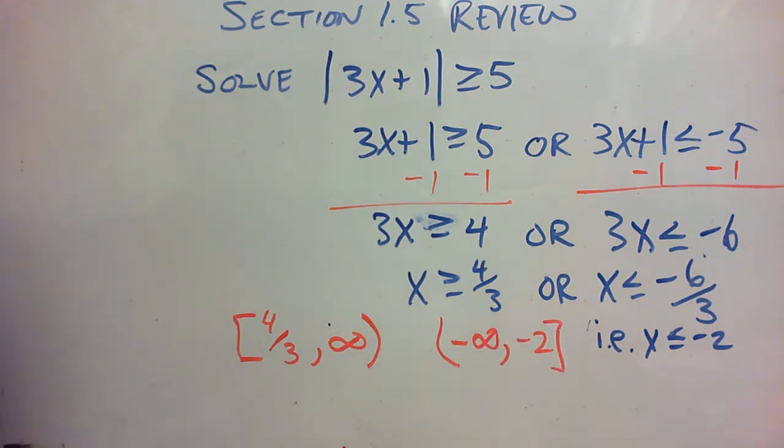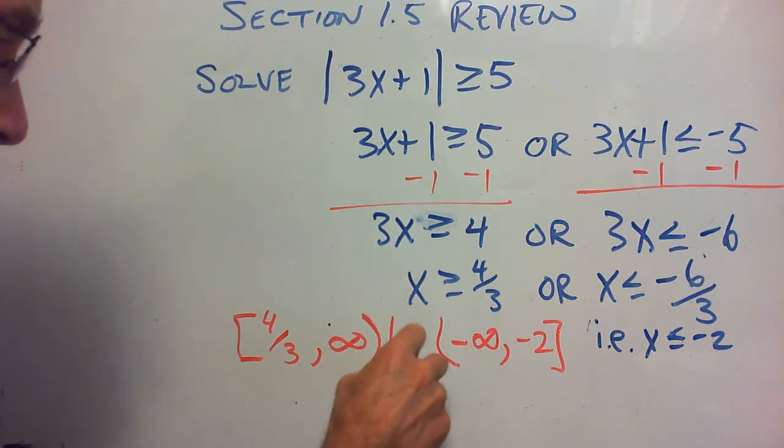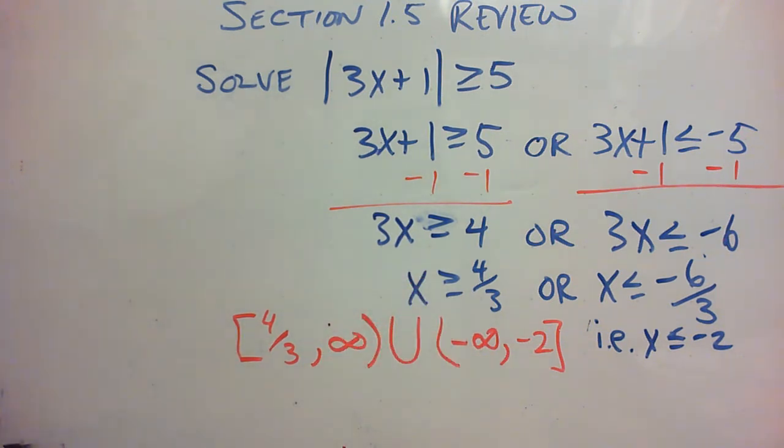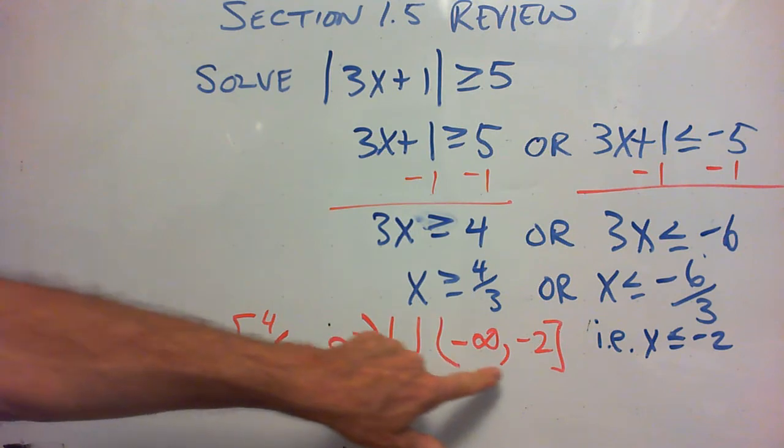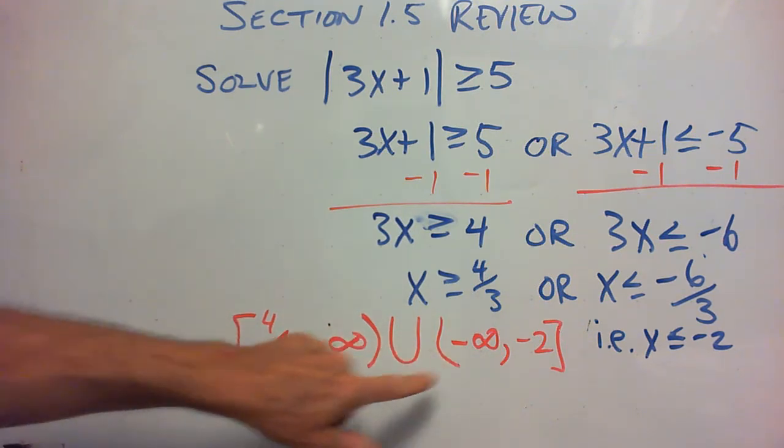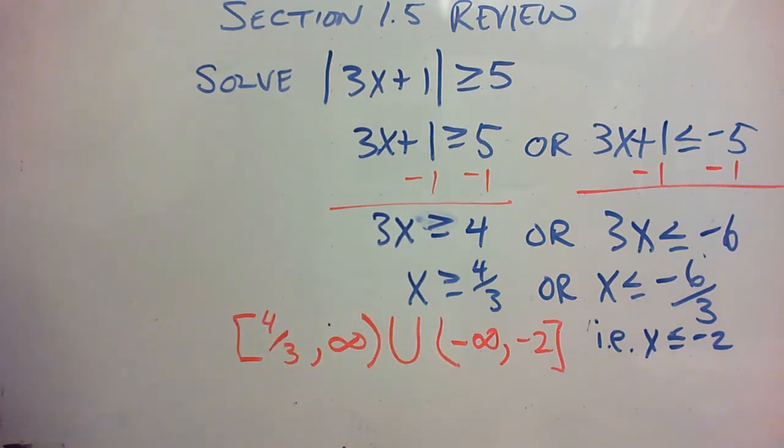Again, we use the square bracket. Now, the symbol for or is the big U, which means union of. So when you have two intervals like this, either or, you use a U in between them for the notation.